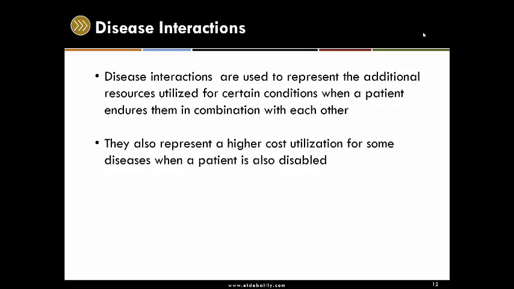So when those are in combination, we are going to get an additional disease interaction, because the thought process is that when you have those conditions in combination, you're going to have higher resources for that patient. And then also patients in an institution, in a nursing home, there are some scenarios of disease interaction, as well as patients that are disabled.